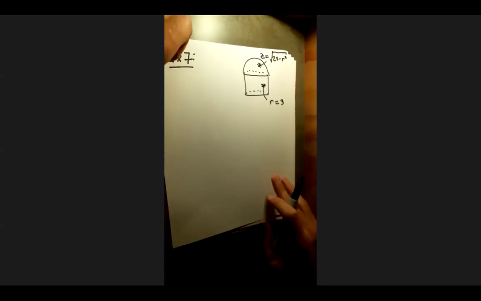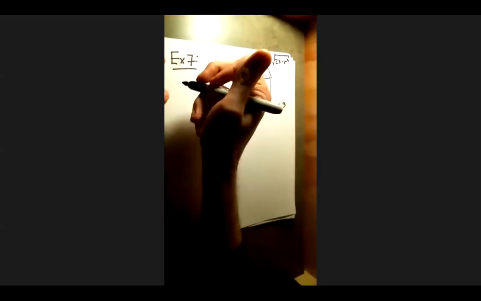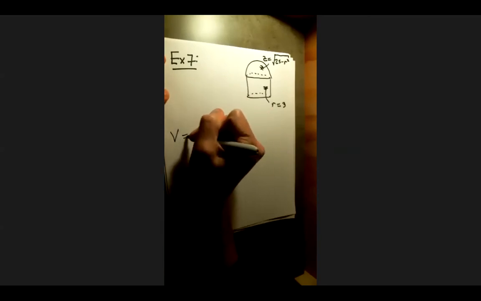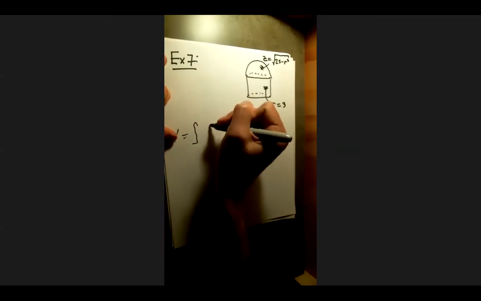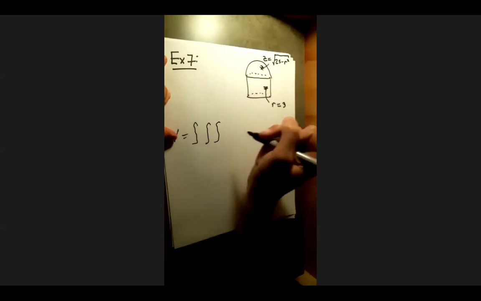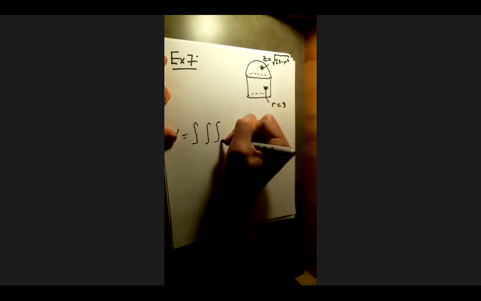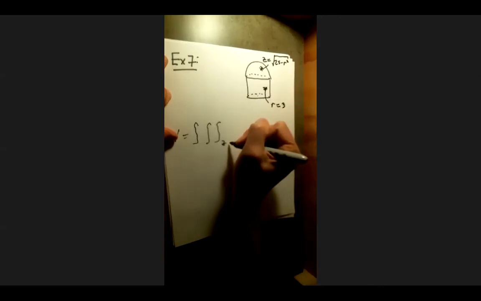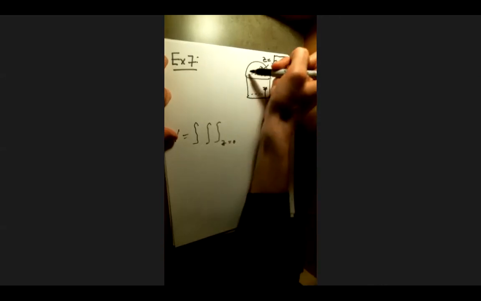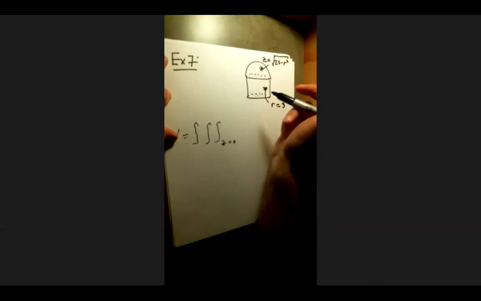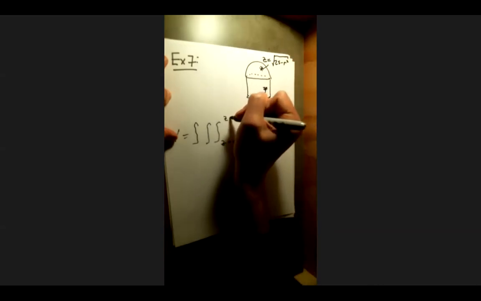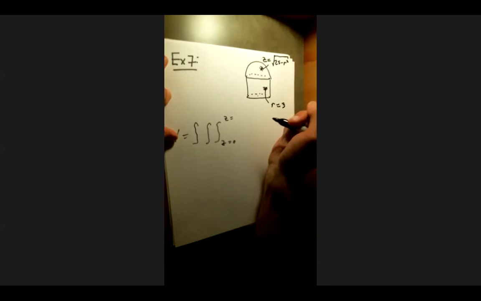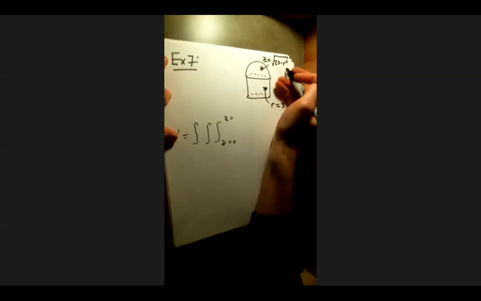So what we notice is that our z values on the inside are going from the base, which would be at z equals 0, to the top of the silo, if you will, at z equals, it used to be square root of 25 minus x squared minus y squared, but we recognize the x squared plus y squared in there can be replaced by r squared.